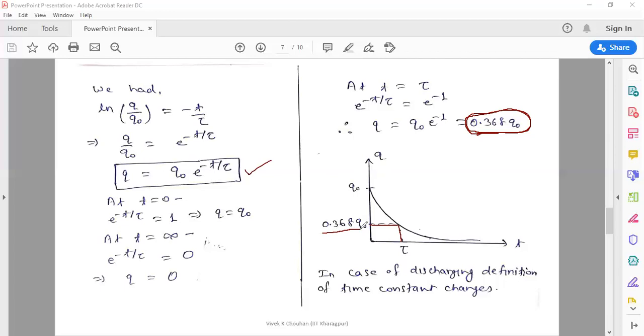So in this case, actually 63.2% of charge is getting dissipated from the capacitor. In the previous case, this much percentage of charge was increasing, getting accumulated upon the capacitor, right? In this case, it is decreasing.